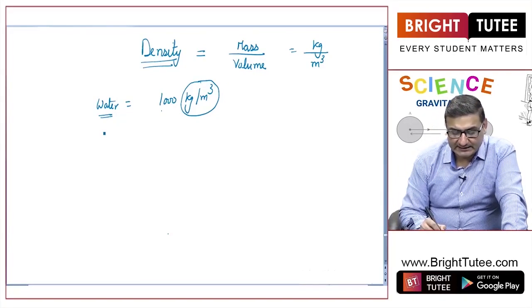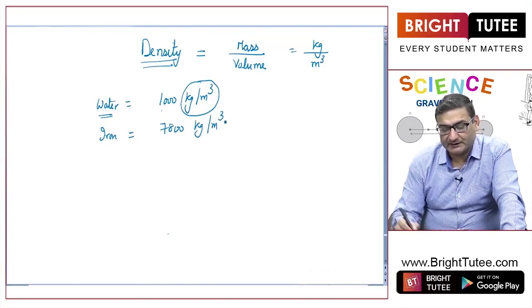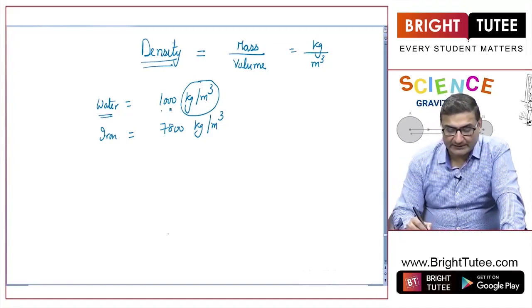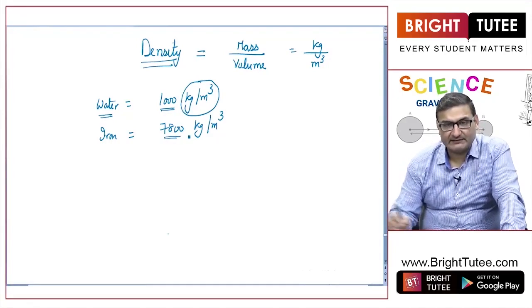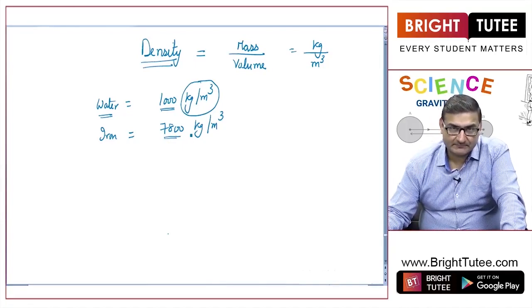Whereas the density of iron is much more. It is approximately 7800 kilogram per meter cube. That means the container of 1 by 1 by 1 in which we are putting 1000 kilogram of water, if we try putting iron, it will be 7800. Why? Because it is much heavier, it is much denser.